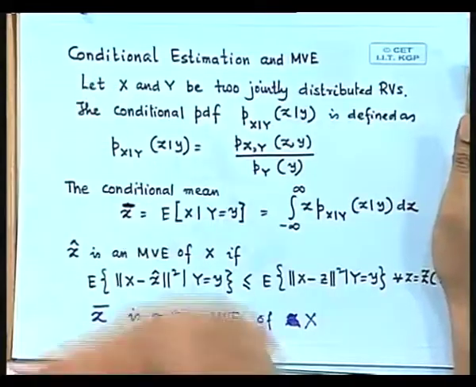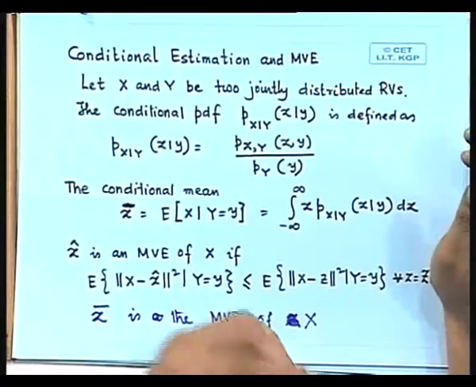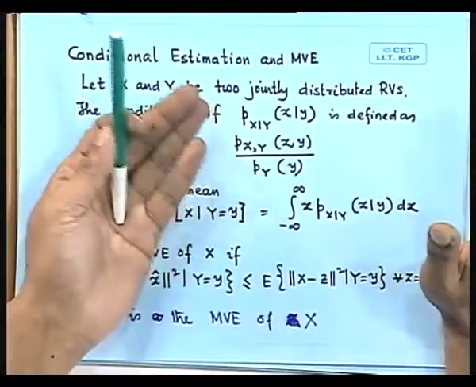Now we are going to do the next one, which says that another way of generating the minimum variance estimate is to generate the conditional mean. If you can compute the mean of the conditional distribution, then that also is a minimum variance estimate.